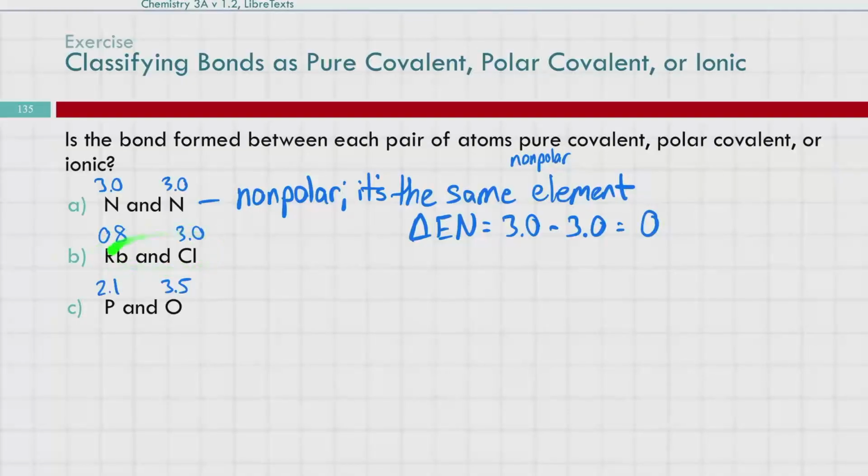Looking at Rb and Cl, what kind of thing is Rb? How would we classify it? It's a metal. How would we classify Cl? It is a nonmetal, and so this is going to be ionic: metal and nonmetal.